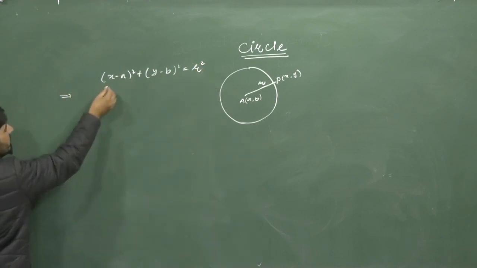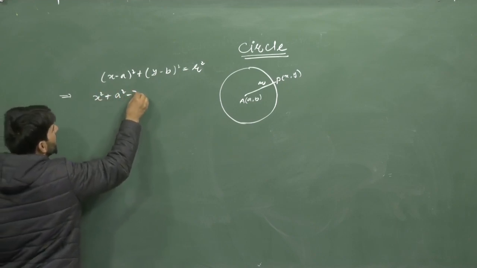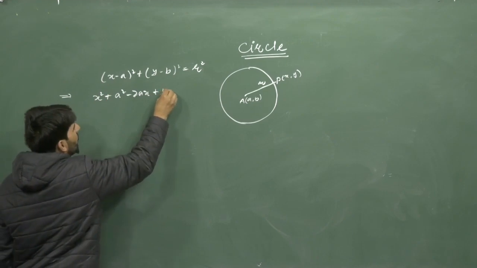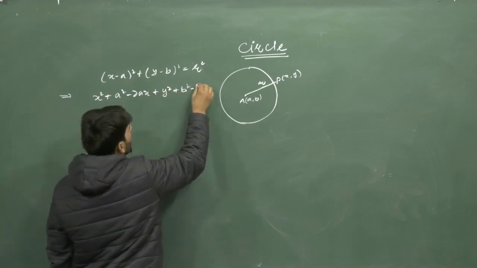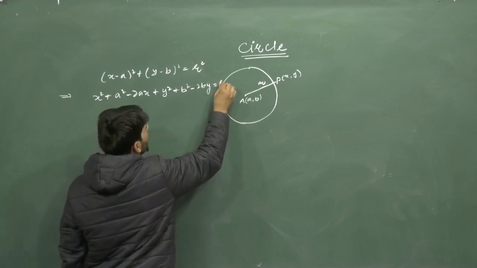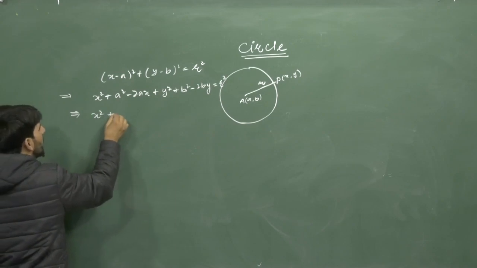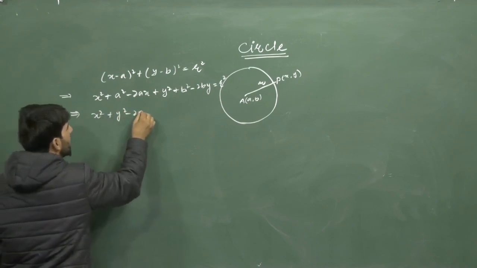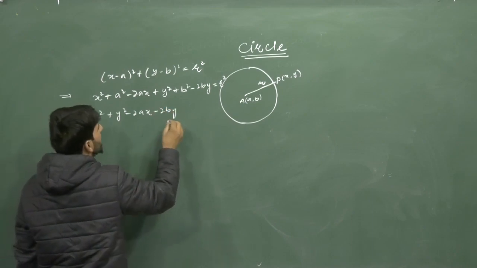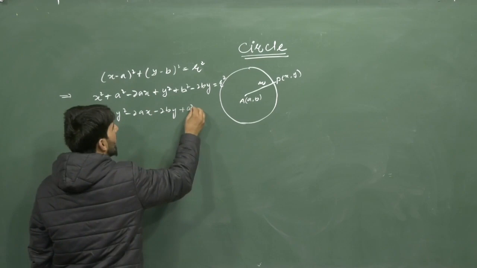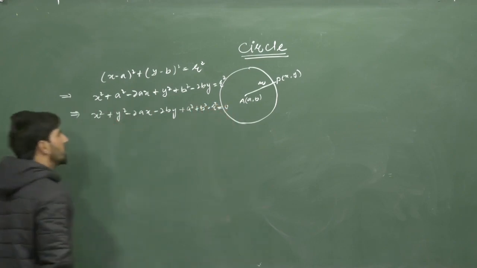On expanding, we get x square plus a square minus 2ax plus y square plus b square minus 2by is equal to r square, which is the same as x square plus y square minus 2ax minus 2by plus a square plus b square minus r square is equal to 0.